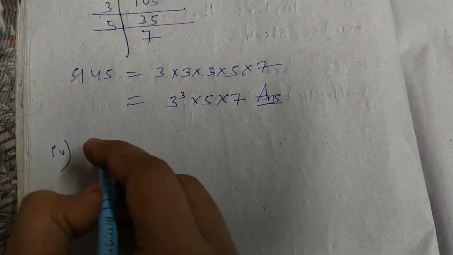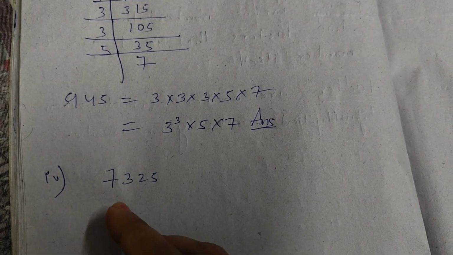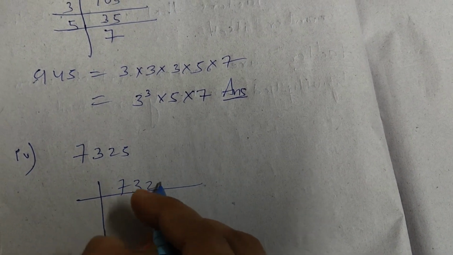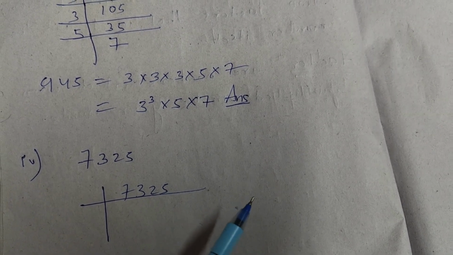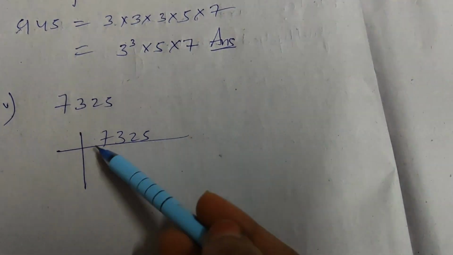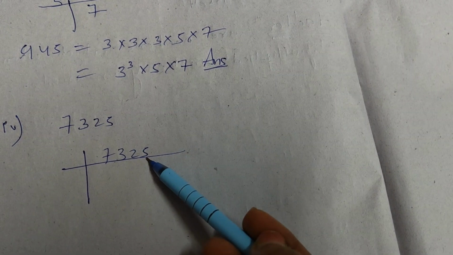Now question number 4. 7325. You must know the divisibility rule. Here in this number the last digit is 5, so it is divisible by 5.